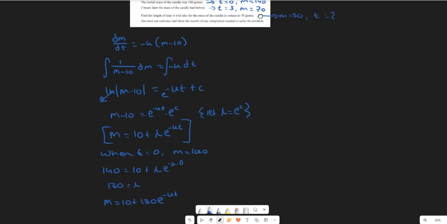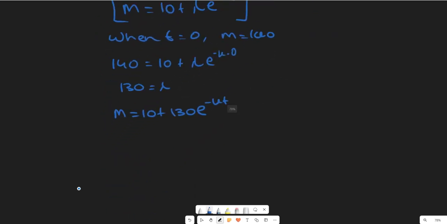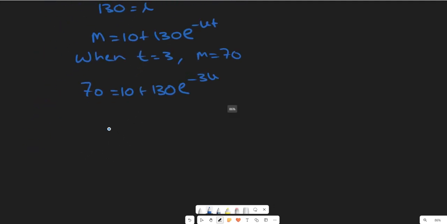So when t equals 3, M equals 70 grams, right? So 70 is equal to 10 plus 130 e to the power of negative 3k. And we've got to solve for k. So let's go ahead and write this out.